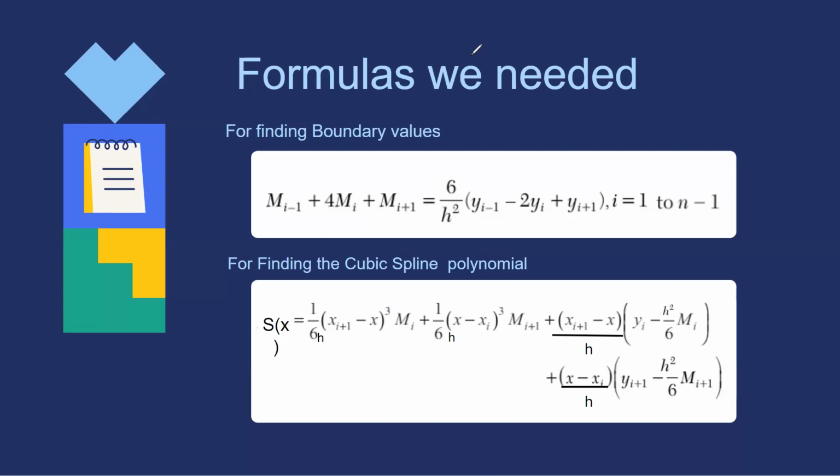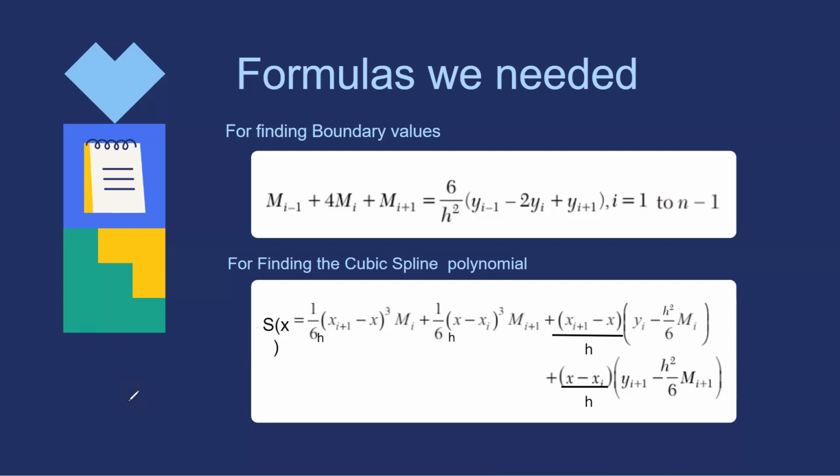Okay, for doing this analytically, we need two formulas, one for finding the boundary values and one for the cubic spline polynomial. Ramya already told about the format of the equation that we get after solving this. It is of the form Si of x is equal to Sai into x minus xi the whole cube.